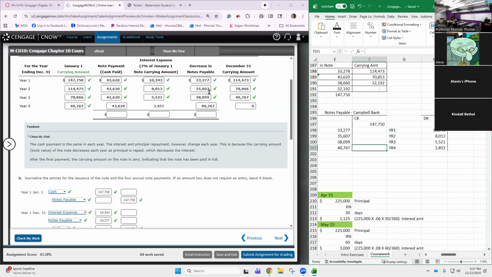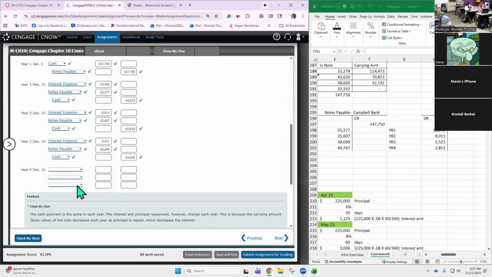Now we're going to add down all the payments that we made. I forgot to do this one. If we calculate all the payments that we made, we're going to find out we paid more than the loan amount, of course, because there's interest involved.